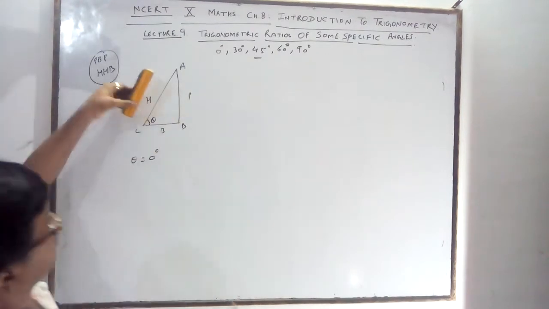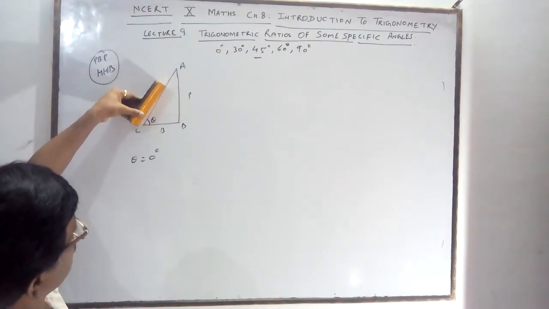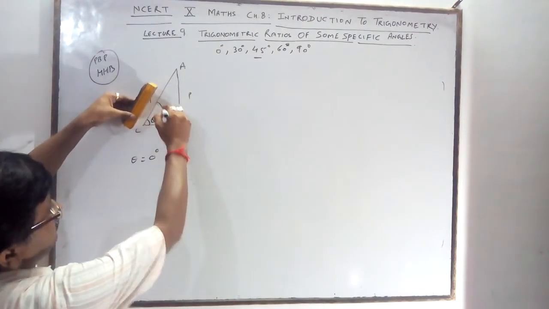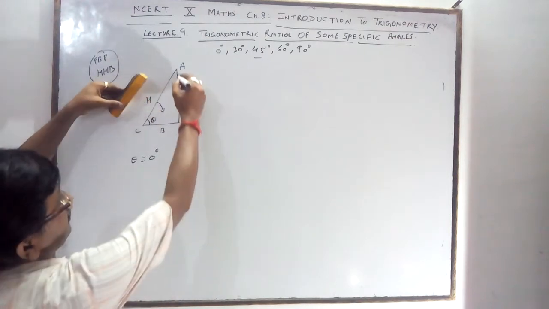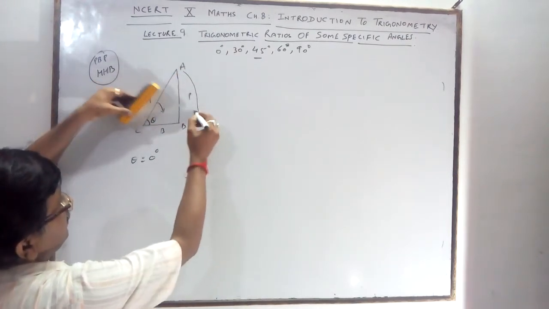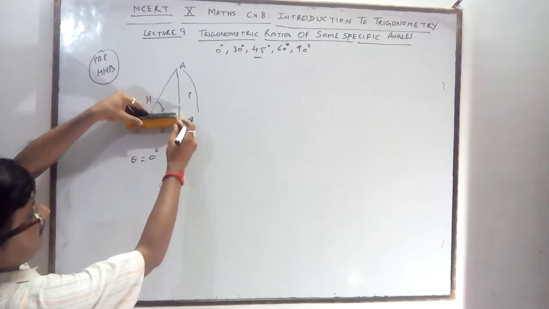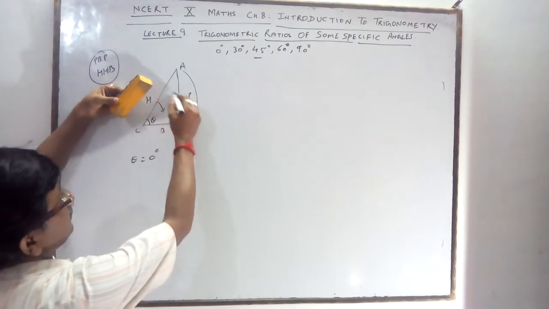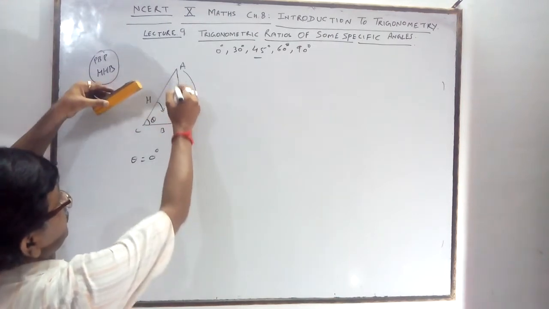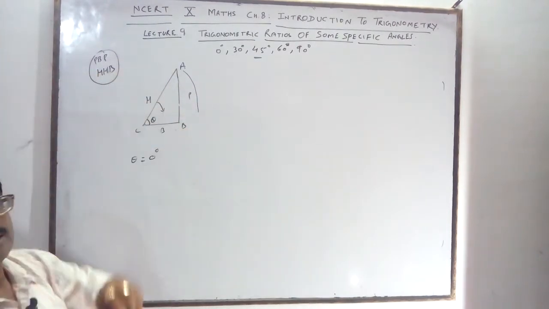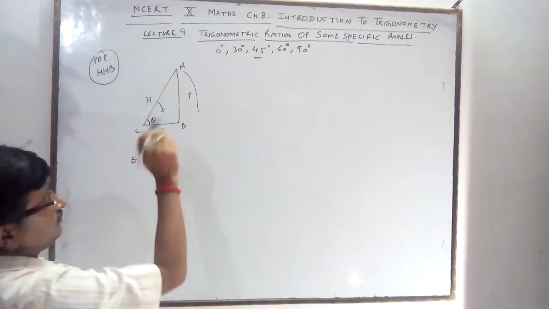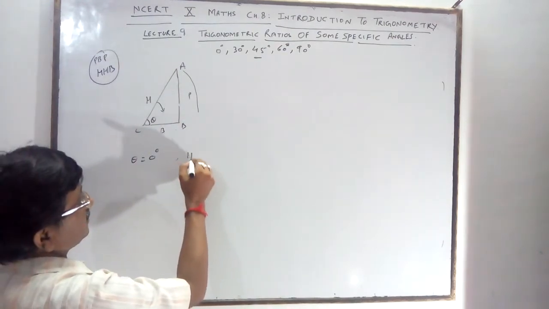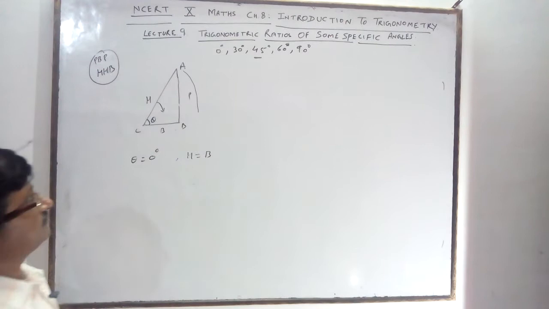The angle becomes 0 when the hypotenuse comes down and overlaps the base. When theta is 0, the hypotenuse will be falling on the base, and hypotenuse and base will be equal.